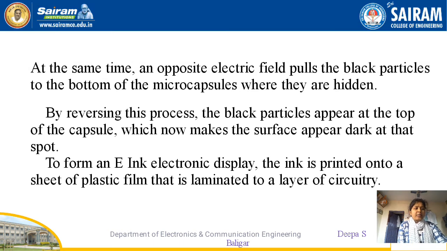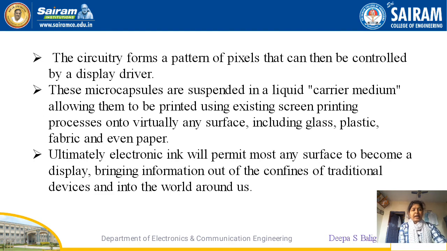The positive voltage is applied to move the particles electrostatically, and the negative voltage is applied to move the particles away from the electrode, and either polarity of voltage can be used. In the display, the ink is printed onto a plastic film laminated to a layer of circuitry, and the pattern of the pixels can be controlled by the driver. Most microcapsules use a suspended liquid as the carrier medium.